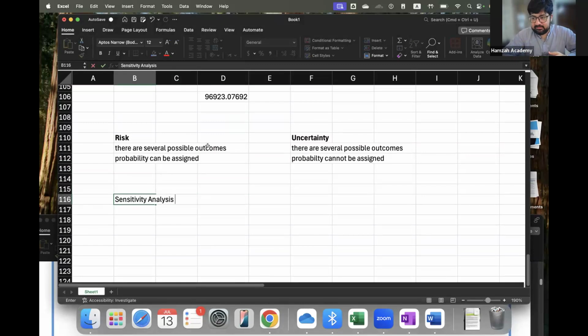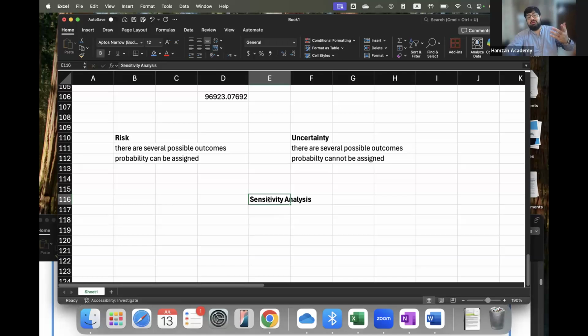Sensitivity analysis talks about, because we want to identify whether what we are forecasting today, we are going to get or not. What is the risk? What is uncertain? Because project appraisal is happening today, which is related to the future.